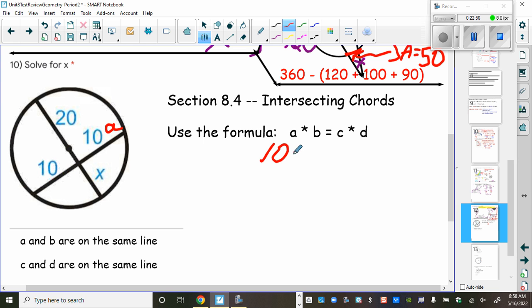Now, what must B equal? Remember, A and B have to be on the same line. So you can pick A to be whatever you want.